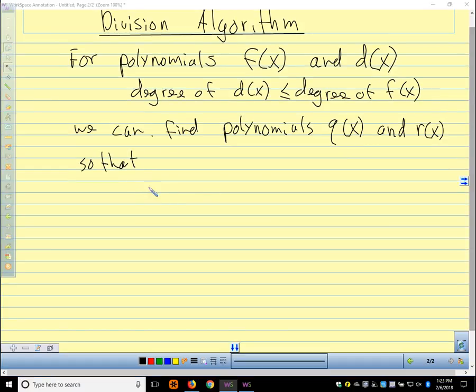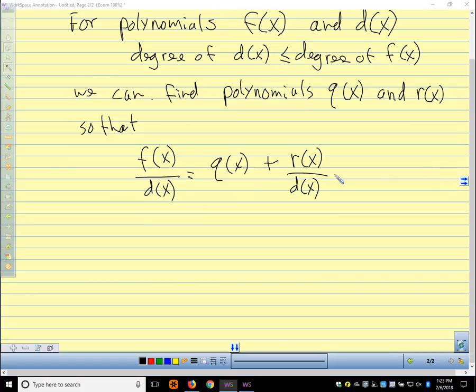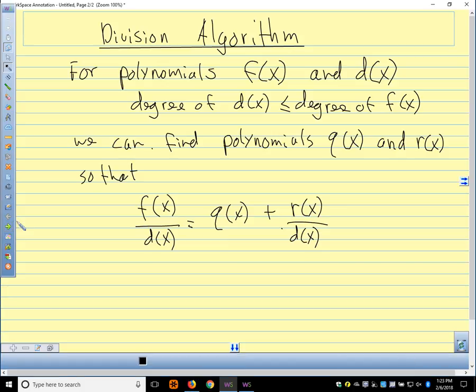So that when we divide f of x by d of x, we get some polynomial plus our remainder over the thing we divided by. So this is exactly what we wrote back here. The division algorithm tells us for any polynomial, we're guaranteed that we can do that.